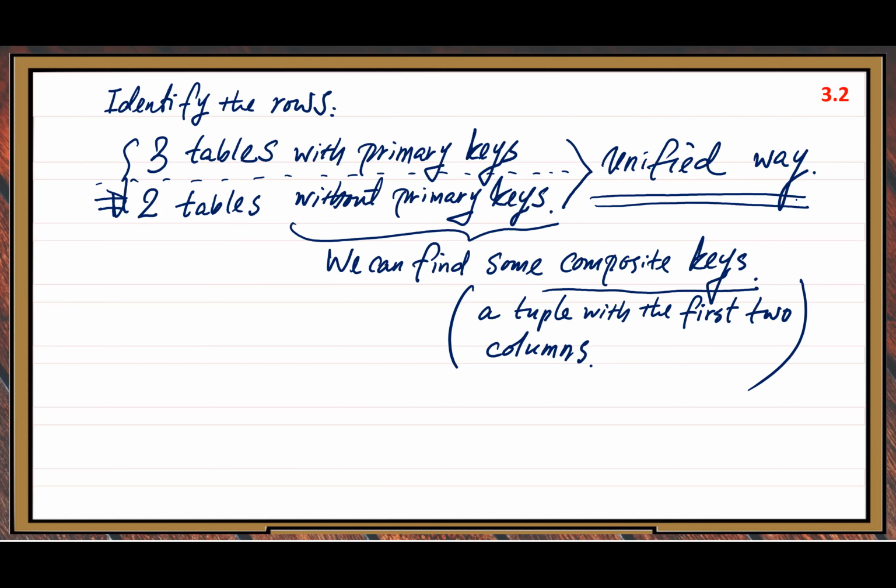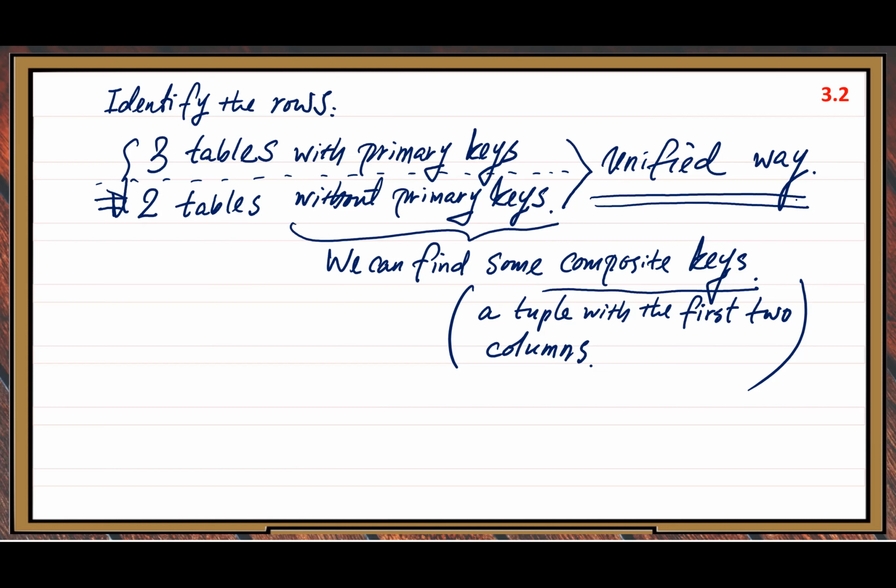Then I can use these 2 values to identify a row in the table. With the primary key, the first column of those 3 tables corresponds to the primary key, so we do not need to use the second column value.